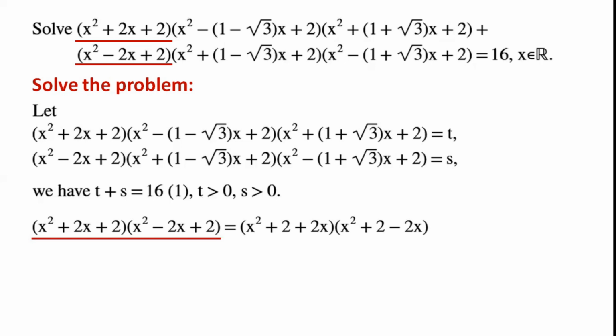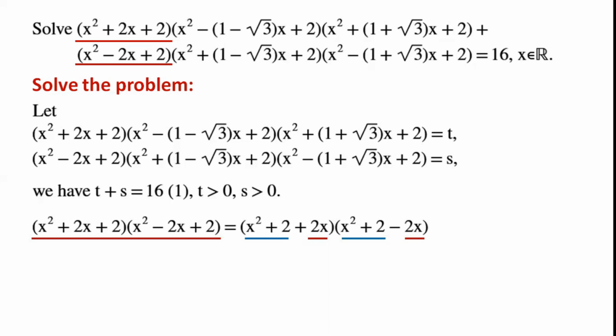x squared plus 2x plus 2 times x squared minus 2x plus 2 can be written as x squared plus 2 plus 2x times x squared plus 2 minus 2x.